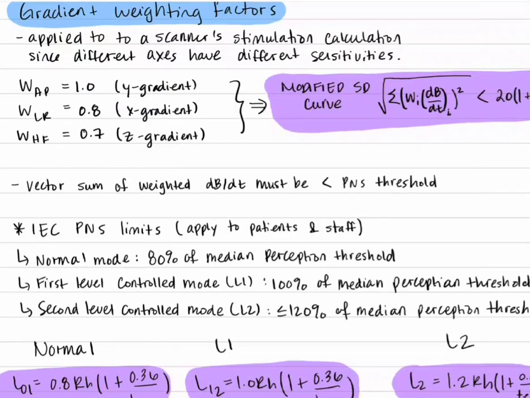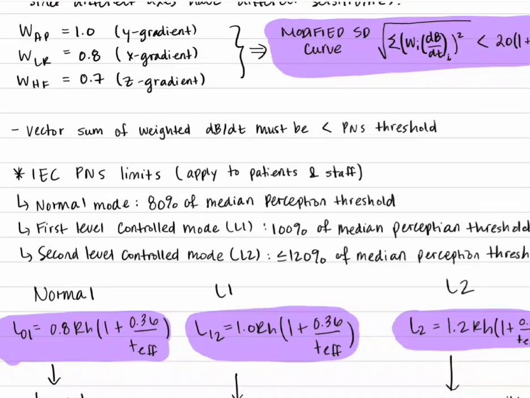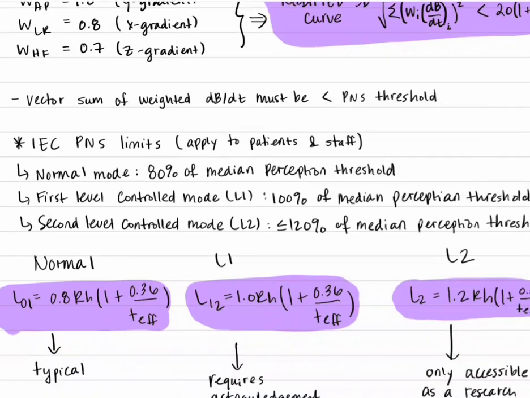The gradients, since they have different sensitivities, have different weighting factors, and so the AP weighting factor is 1, the left to right is 0.8, and the HF, the Z gradient, head to foot, is 0.7.